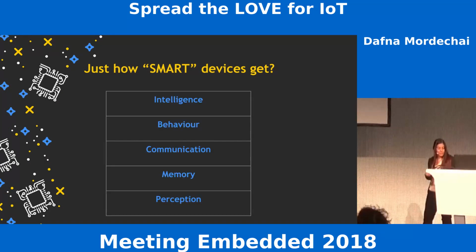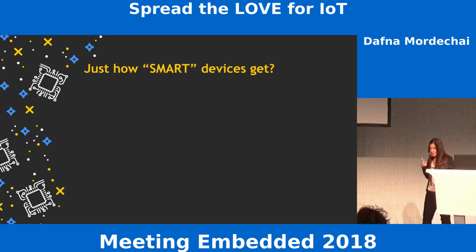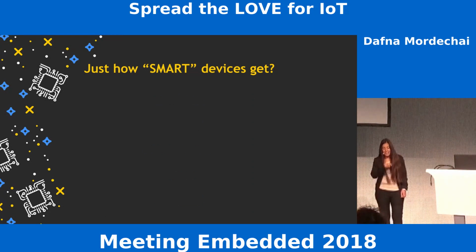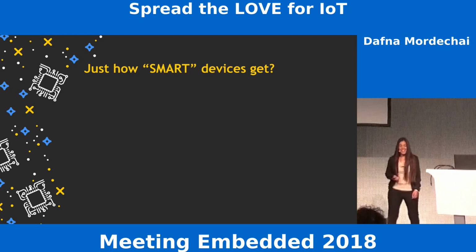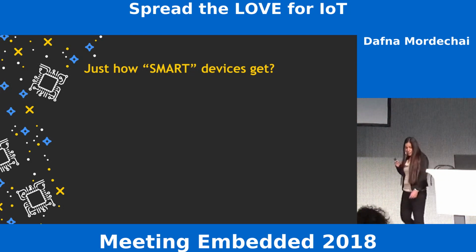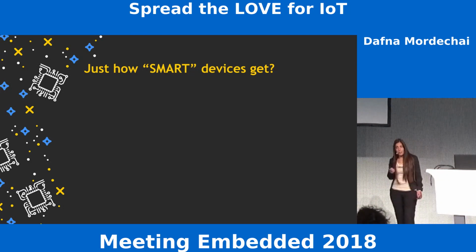Okay. So I want to share with you one of the slides that I particularly like. When we talk about smart devices, I think the question is just how smart can devices get? Okay, that's a bit of philosophy. When I studied at the Hebrew University, I took a minor in cognitive science, where I needed to take cognitive psychology.